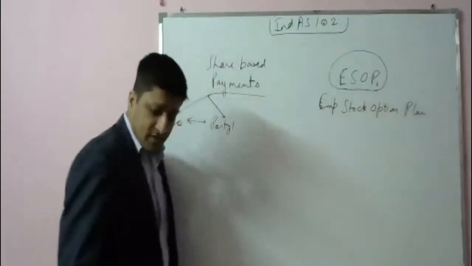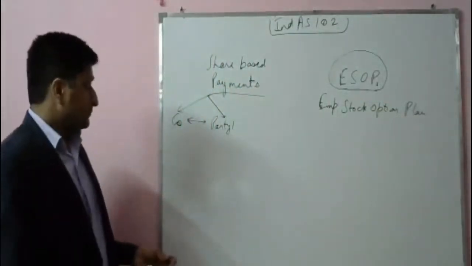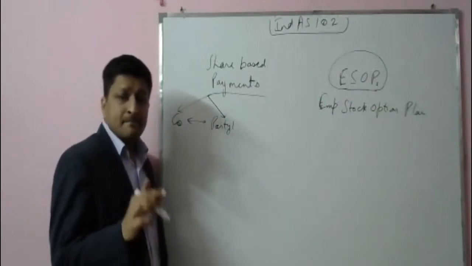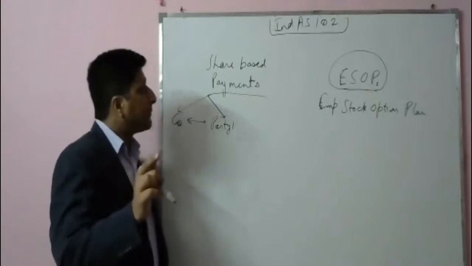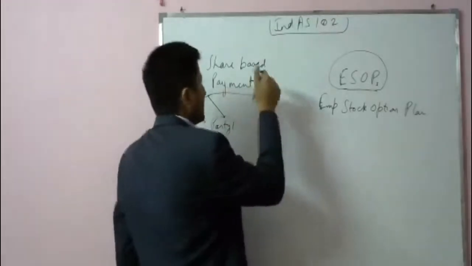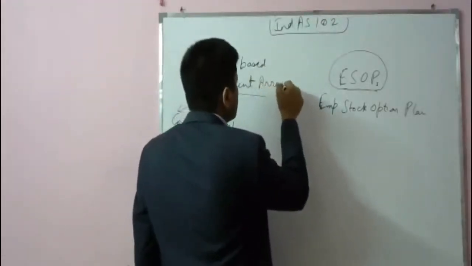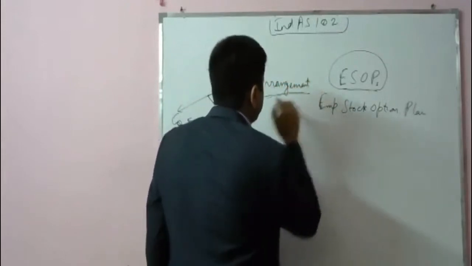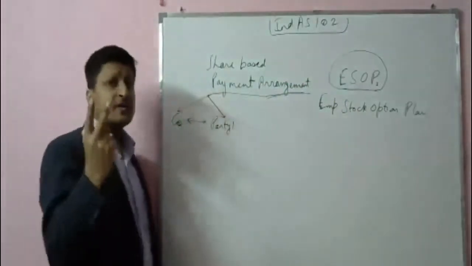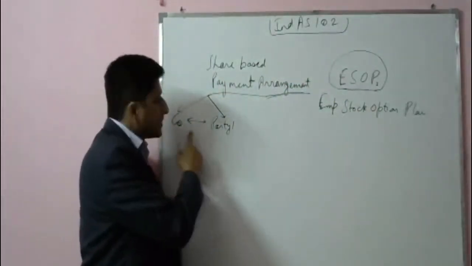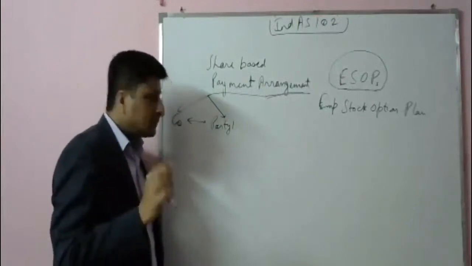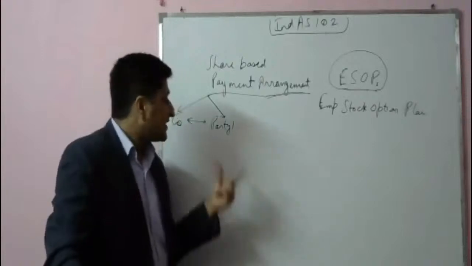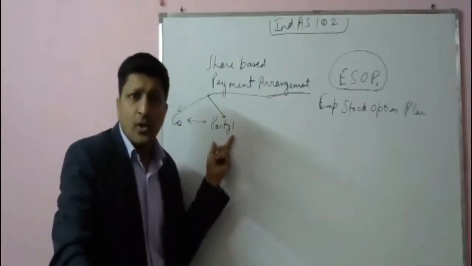So let's try to understand this. We understood that for a share-based payment arrangement, two parties are required. One, a company, second, a party. Now, did we ever discuss that this other party has to be an employee?